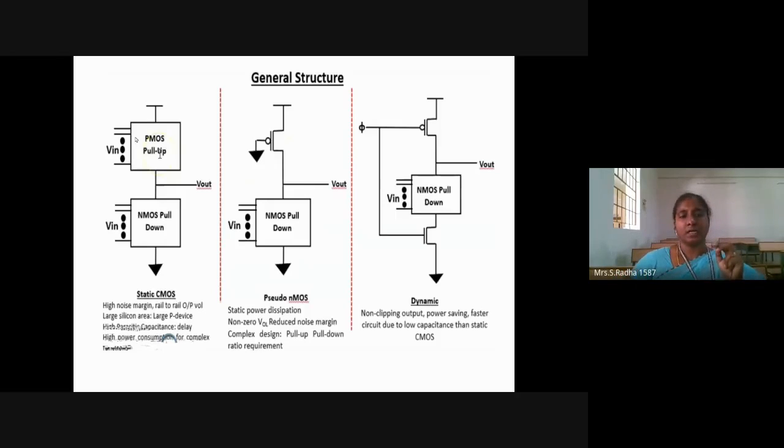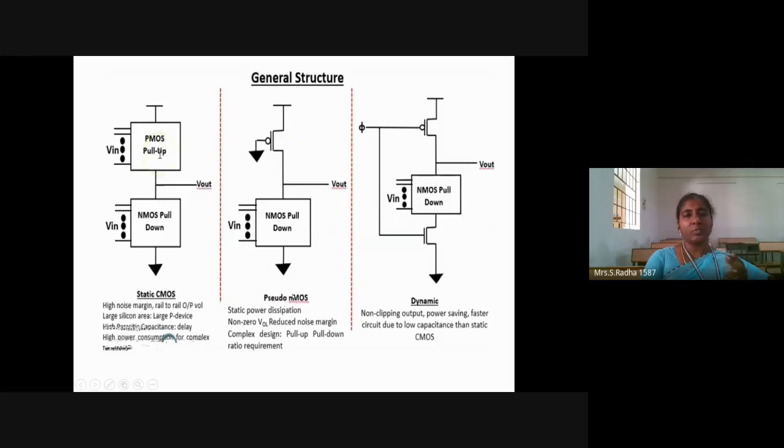Based on the number of NMOS, an equivalent number of PMOS are required. So power consumption is high. For complex designs, it is very hectic, as it is complex when the design is a big circuit. These are the characteristics of static CMOS circuits.